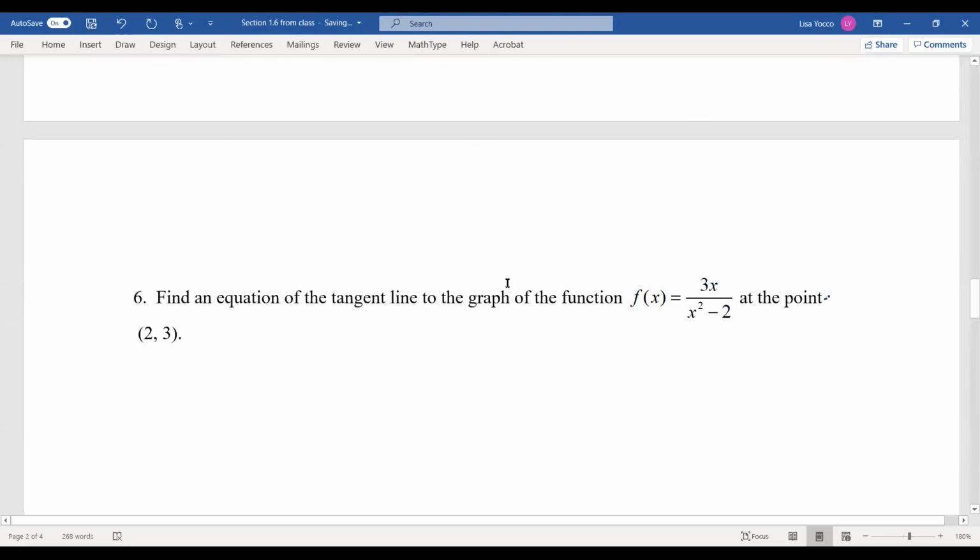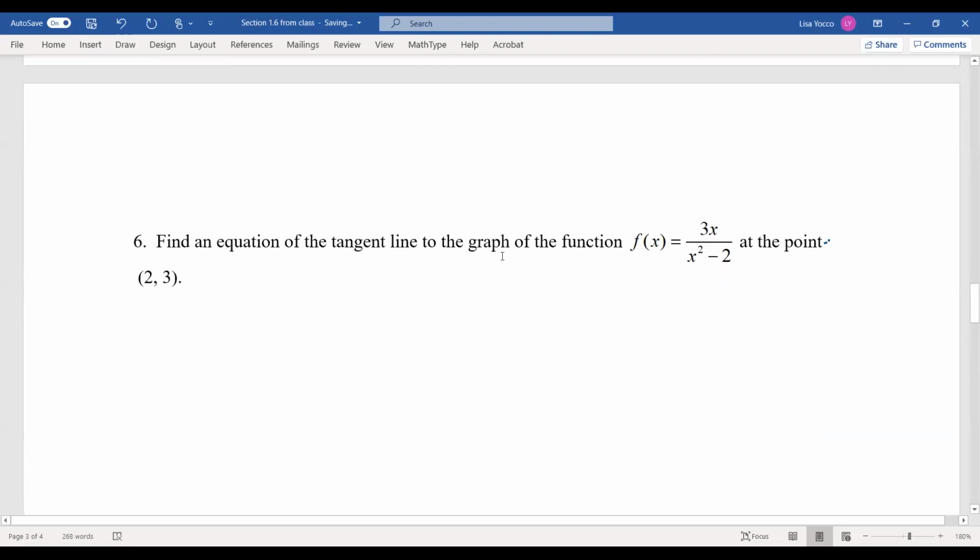All right, for number 6. This time we're finding an equation of the tangent line to the graph of the function at the point 2, 3. Okay, so what do we have to do? We have to get our derivative because that's how we get the slope of the tangent line.